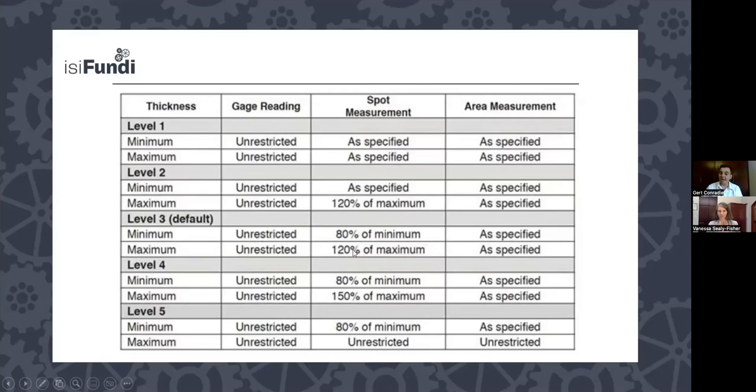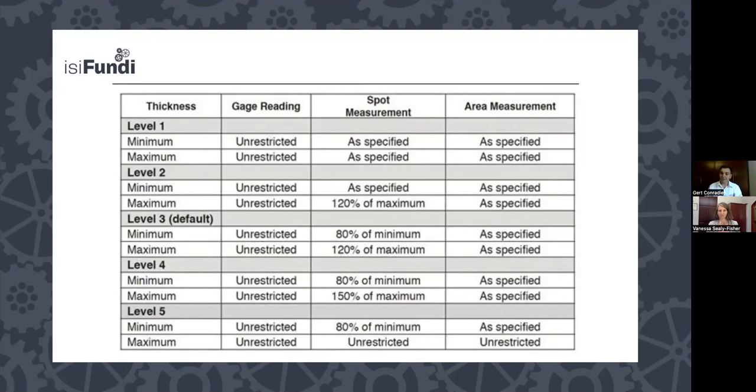But the entire area, that entire 10 square meter area, when averaging all those values, has to fall within the specification. As you can see, with all of them we always go back to what was specified. But if you have a level 1 type of restriction, you are not allowed outside that 200 to 250 microns range that you were given in your specification.